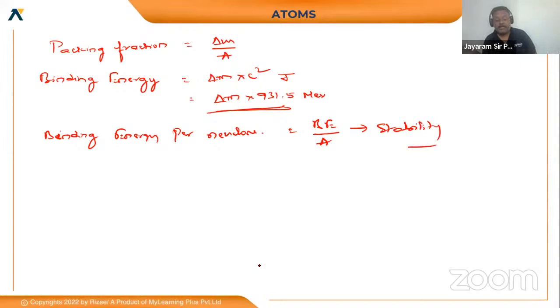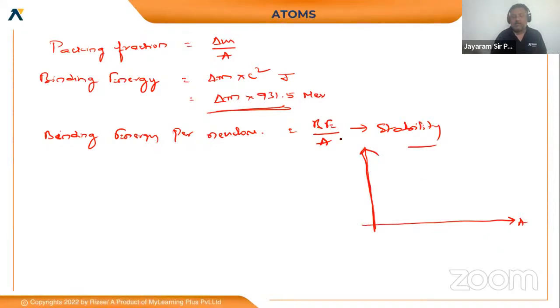So the ratio of binding energy per nucleon explains the stability of the nucleus. Suppose you plot a graph between BE by A and A, where BE by A is on the y-axis and A is on the x-axis. The shape of the graph will come out like this.